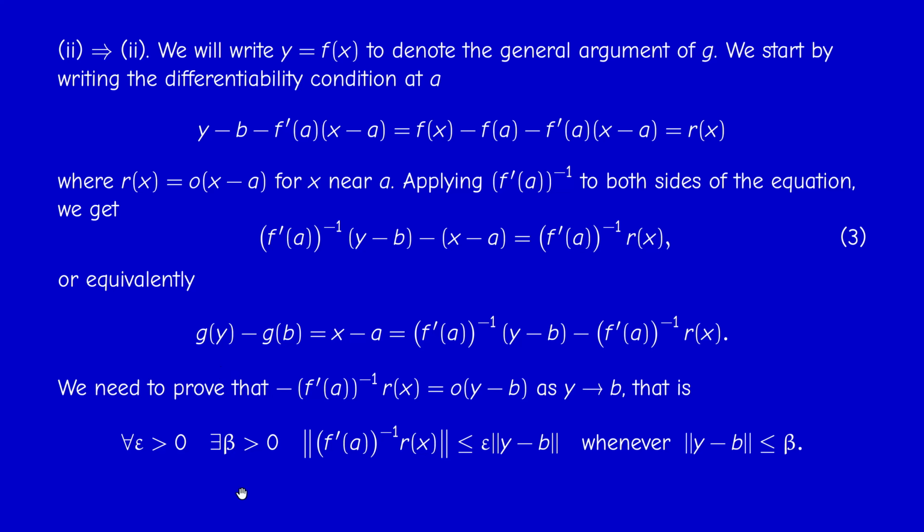So we're going to prove that for every positive number epsilon, we can find a positive number beta such that this remainder is less than epsilon times the norm of Y minus B, whenever the norm is less than beta. Of course, it's enough to prove this for epsilon smaller than a fixed constant.